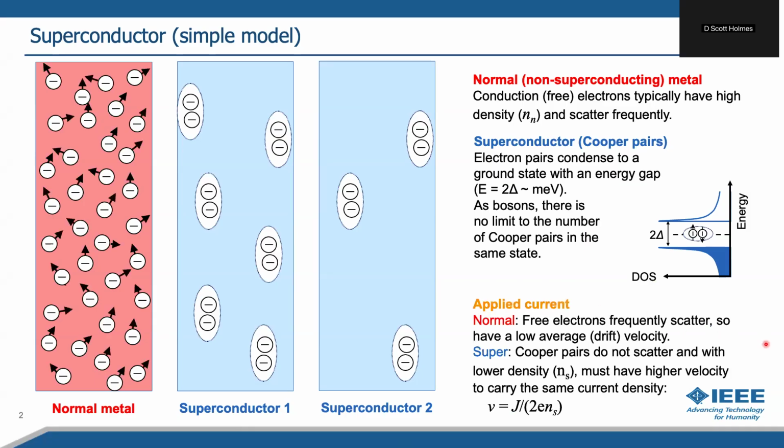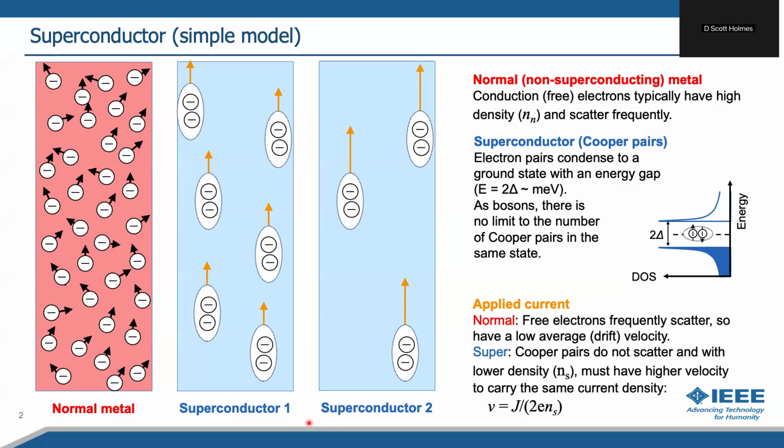Okay, so when we apply a current to a normal metal, the free electrons frequently scatter, so they have a low average drift velocity. Whereas in the superconductors, you have Cooper pairs that don't scatter, and the lower the density, the higher the velocity of the pairs to carry the same current.